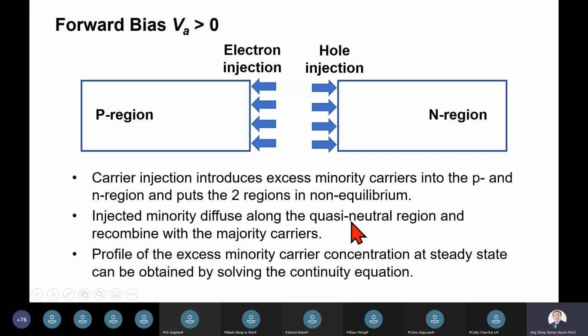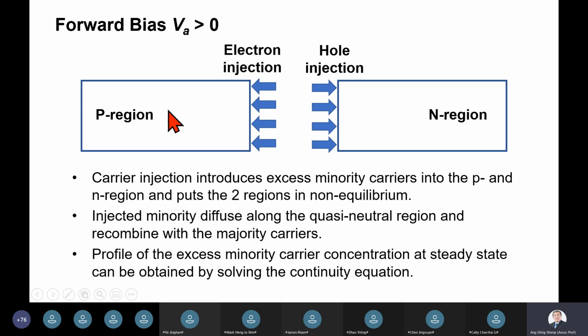Don't worry about this. But essentially, this is the P region in this example that I'm trying to discuss. So the electrons are diffusing along the P region, and as they diffuse, they will recombine with the majority carriers, which are the holes in the P region.